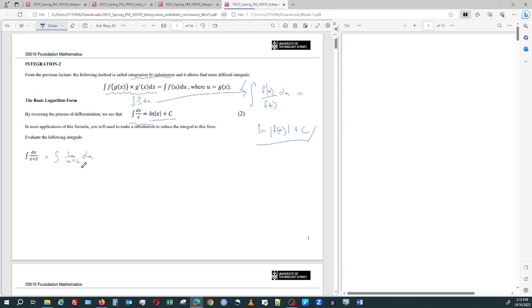This is also the same. Is the derivative of x plus 2 on the numerator? The derivative of x plus 2 is 1, so yes it is. So as it is of the form integrating a derivative on the numerator and its function on the denominator, we can substitute.